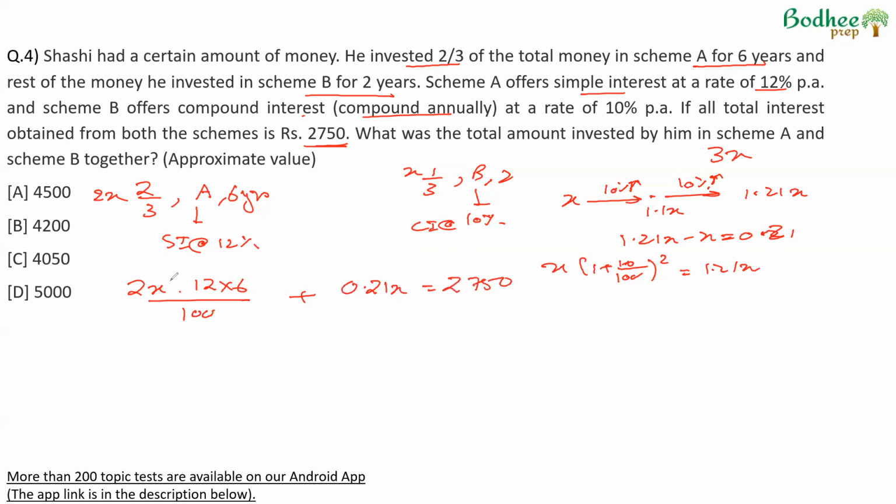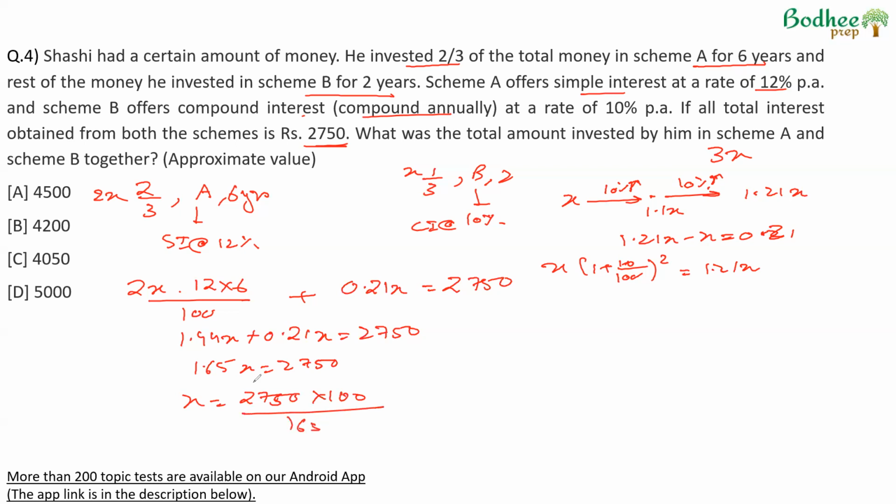Total, this is 2750. So this will be 72 twos are 144. 1.44x plus 0.21x is equal to 2750, which means 1.65x is equal to 2750, which means x is equal to 2750 into 100 upon 165 to accommodate for the decimals, and then multiplying this by 3, because at the end of the day, we have to find the answer of 3x.